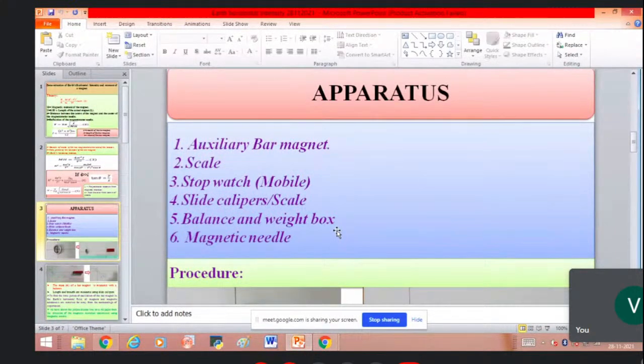But in a tangent galvanometer, there are also a number of apparatus: gradual compass, current carrying coil, reverse plate, power supply, ammeter or multimeter, like this. But sir suggested that we can do this experiment by using a simple scale and a magnetic needle and a bar magnet.